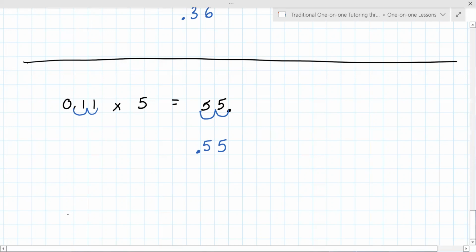So let's have you try one here. I'm not sure how high up your multiplication table goes, but we'll do 0.12 times 7. You try that on your own, please.